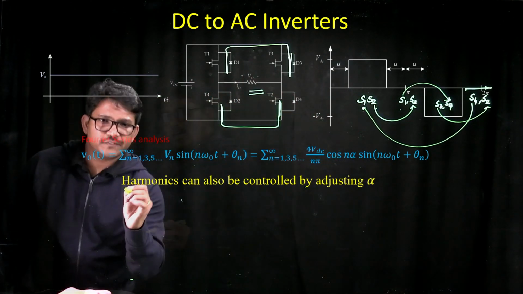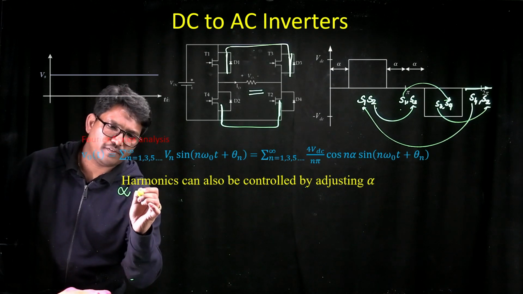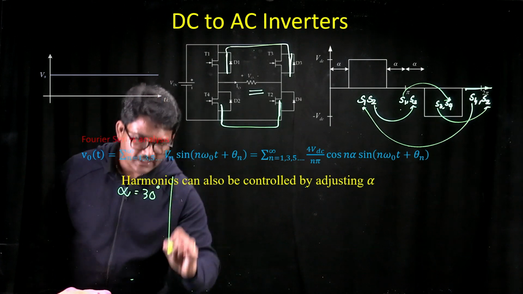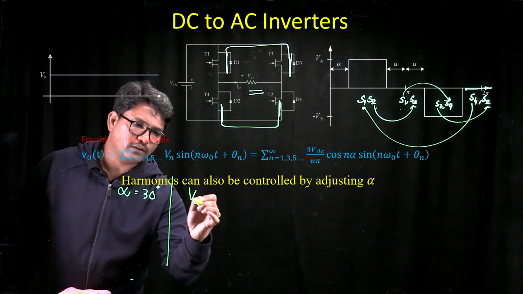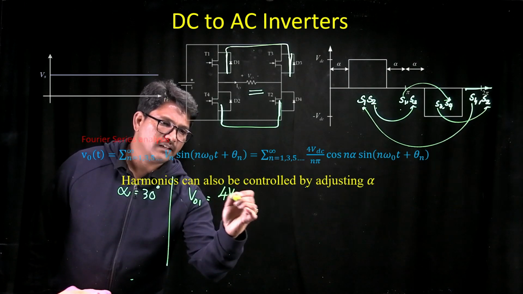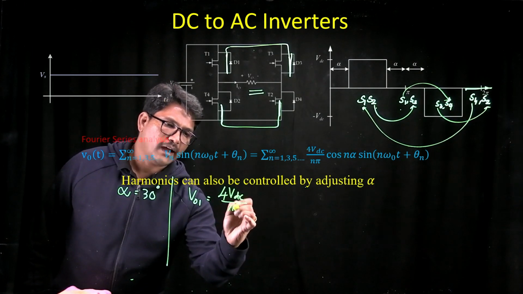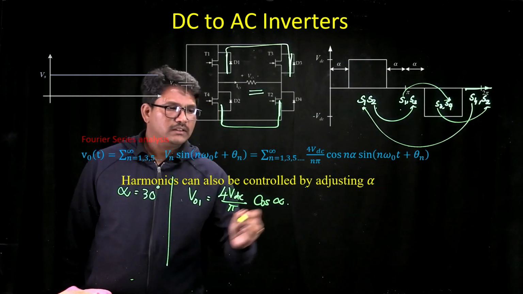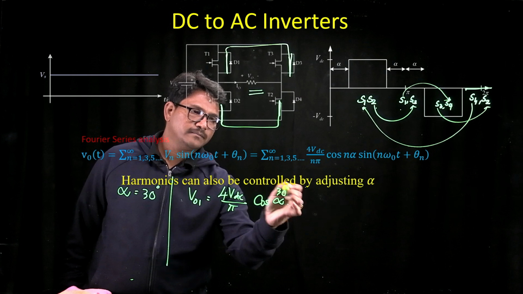Let us say now I have selected my value of alpha to be 30 degrees. If your value of alpha is 30 degrees, then you can write down that V01 is 4VDC upon pi cos alpha, that is cos 30 degrees for us.